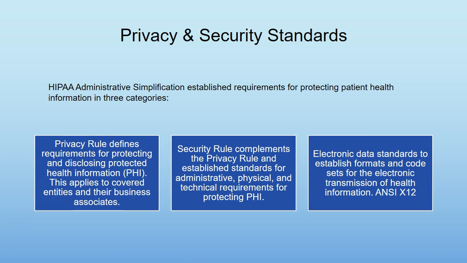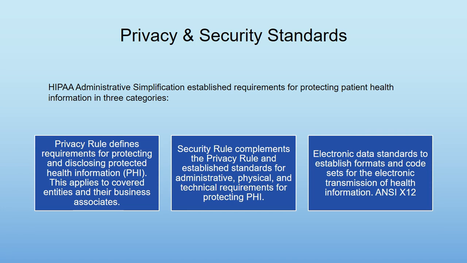Now dig a little deeper into HIPAA. The privacy and security standards establish requirements for protecting patient health information in 3 different categories. The privacy rule defines the requirements for protecting and disclosing PHI, and this applies to both what's called covered entities, the providers themselves, and their business associates or contractors.